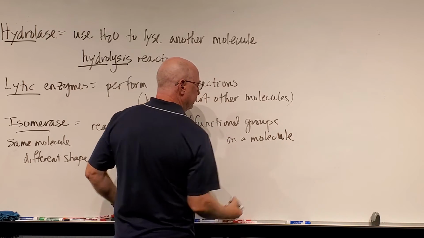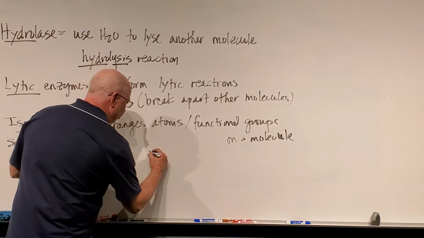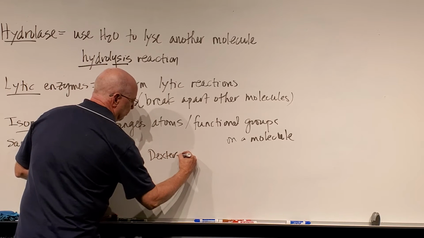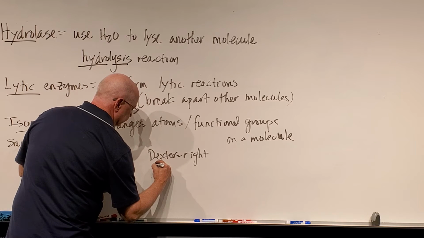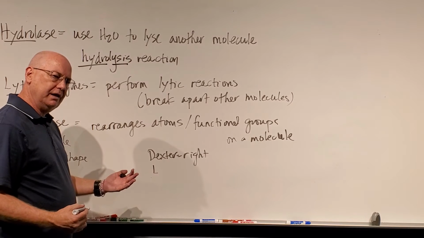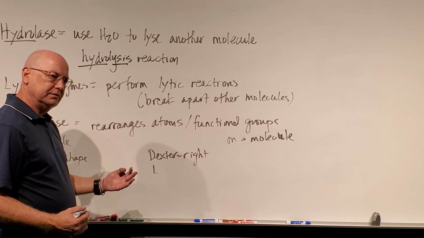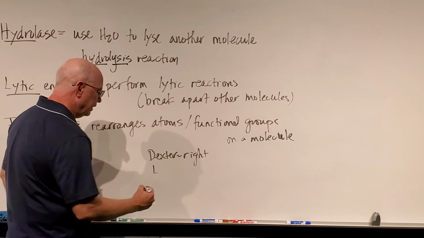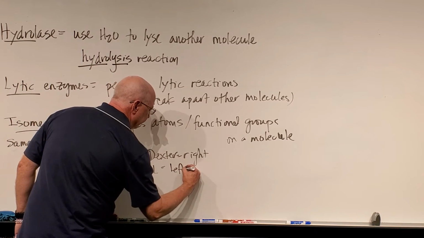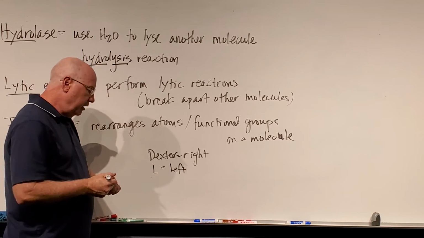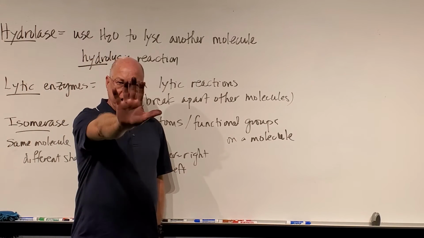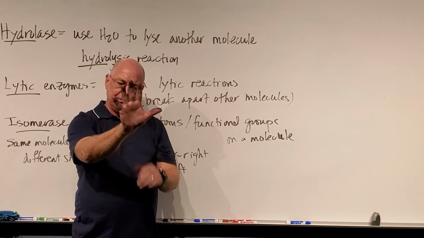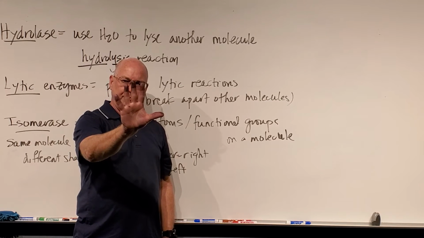Now, something you learn in chemistry is that dextro means right-handed, and I'm drawing a blank on the L. I can't think of what the L means, but it usually refers to a left-handed molecule. So I can have a molecule come in a D form or an L form. And if I have my hand with the fingers and all the same components, this would be the D form of the molecule.